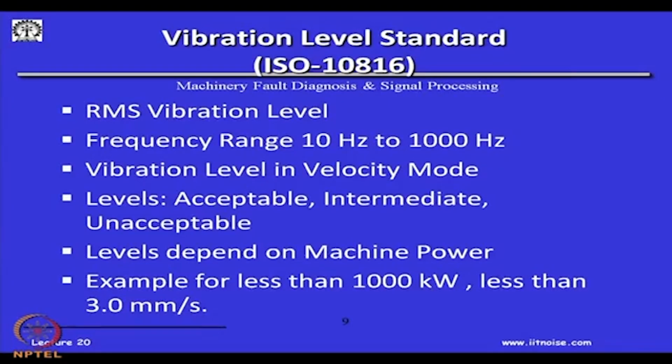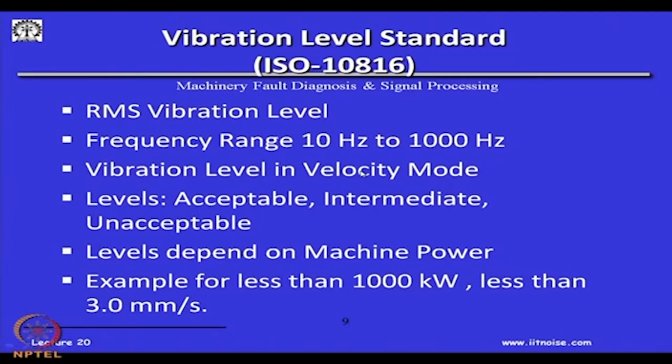This prime mover could be an electrical motor or an IC engine, and this is the new ISO 10816 standard, which says the allowable vibration level for a particular machine, and the ISO 2631 was for the human being and ISO 10816 is for the machines, which says we have to measure the RMS vibration level in the frequency range from 10 hertz to 1000 hertz.